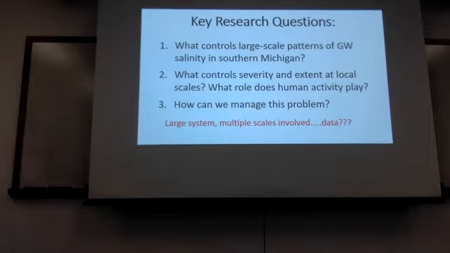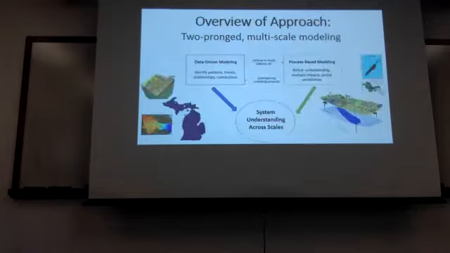And so one thing to note is these questions relate to a large system with multiple scales involved. We're looking at large-scale problems. We're trying to address local issues, local management. And so we have multiple scales involved. It makes this question, do we have enough data to actually understand the system, reproduce the system using groundwater models, and then manage moving forward?